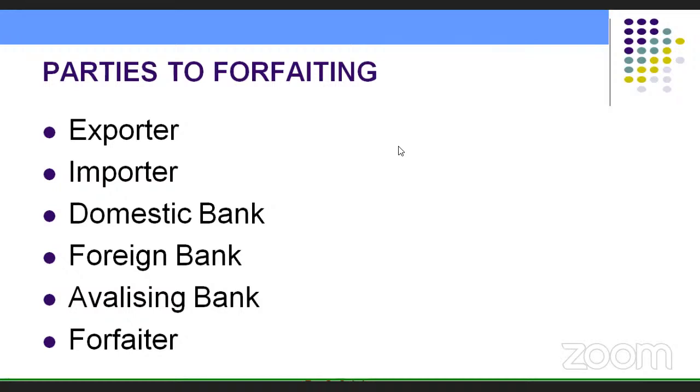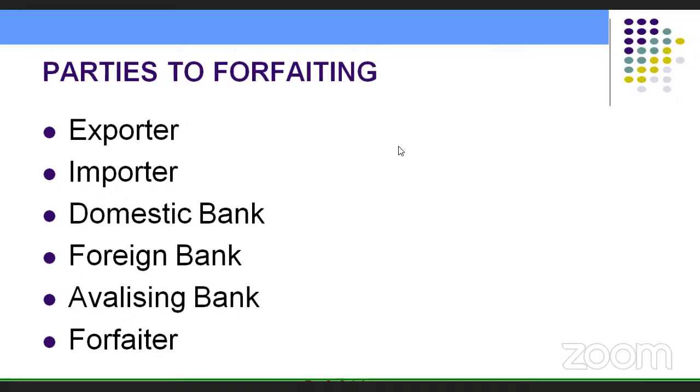Then importers. An importer may be a firm, or an individual. They will purchase goods and services from another country with a commitment to pay cash after a certain credit period or immediate cash. So here in forfeiting, generally we need to consider credit only, right?